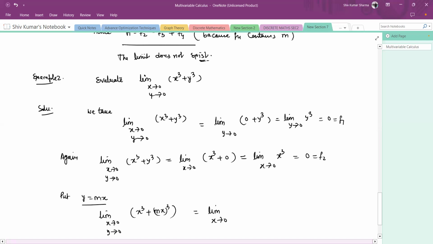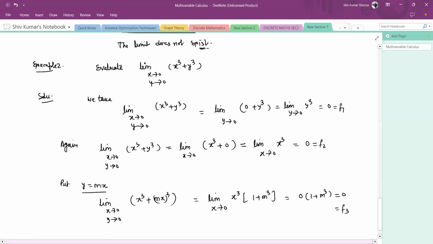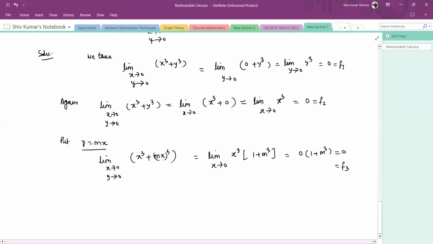When we substitute the value of y, we eliminate the limit of y, so we take only the limit of x. This gives us x raised to the power 3 into 1 plus m raised to the power 3. When we apply limit x tends to 0, this gives us 0 into 1 plus m raised to the power 3, equal to 0. So this is our function f3.